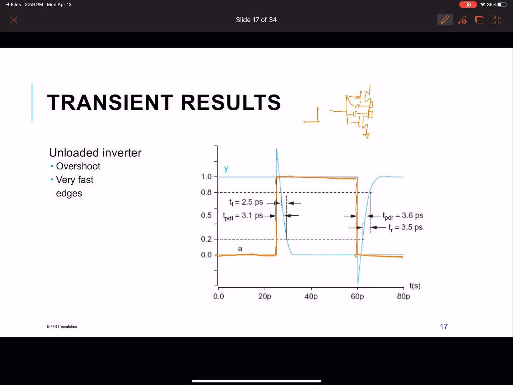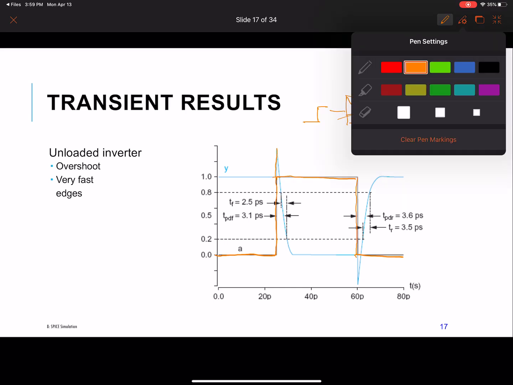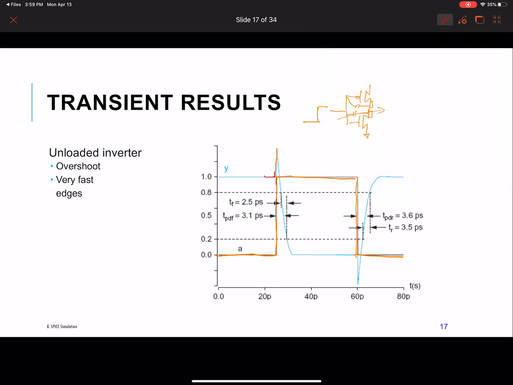When you have an incredibly fast rise time, this carries through to the output momentarily and gives you this really huge peak, which doesn't really happen in real life, because one, this is being driven by another gate, so it's a slower rise time.